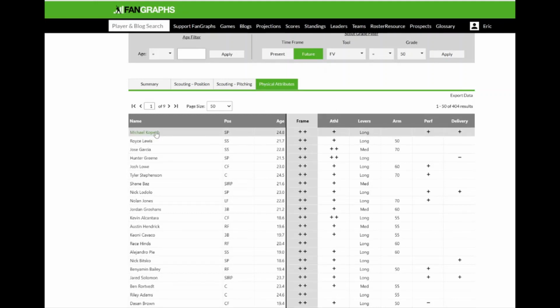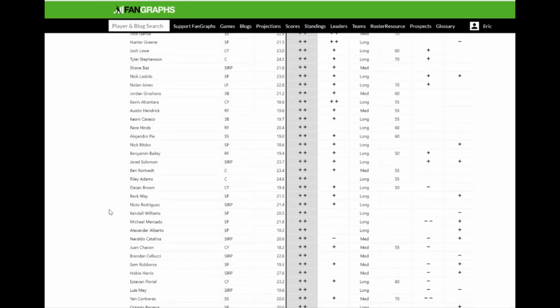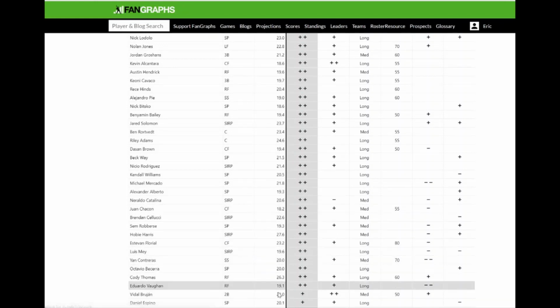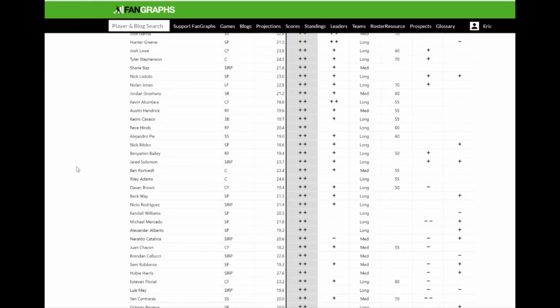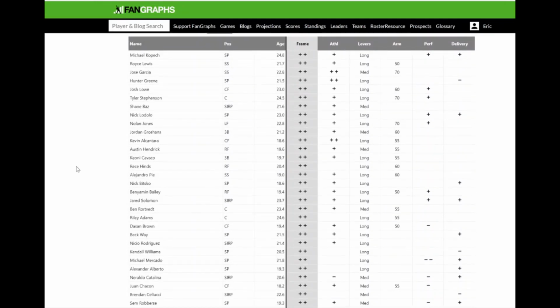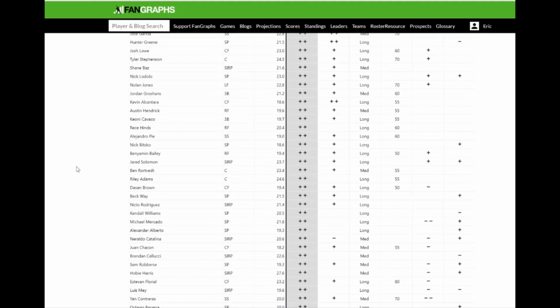So for frame, pretty self-explanatory. It's the guys who look like NFL quarterbacks, basically. It's the big, strong, strapping, broad-shouldered, really well-built, cut type of athlete. And some of these names on here, if you're looking at this list, you're picturing them and you know what I'm talking about. And then it also applies to long-term body projection.